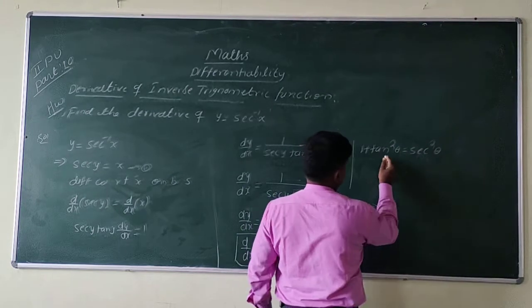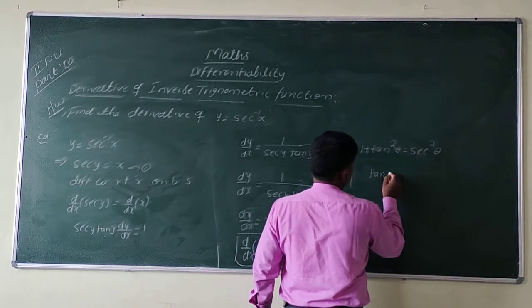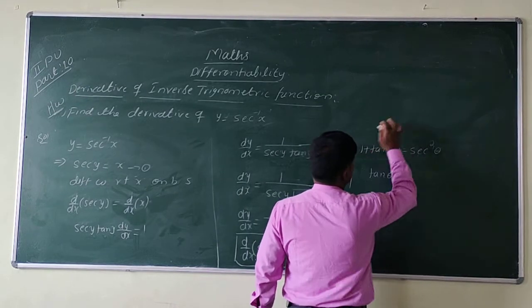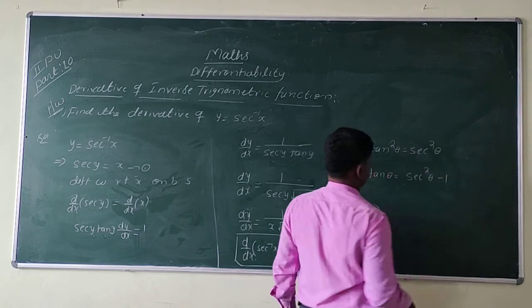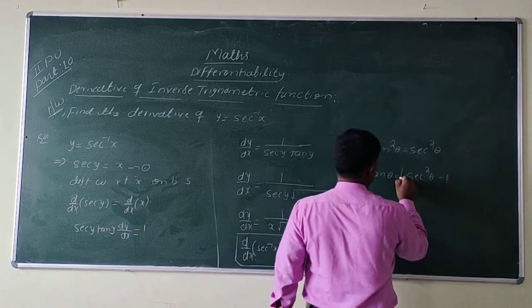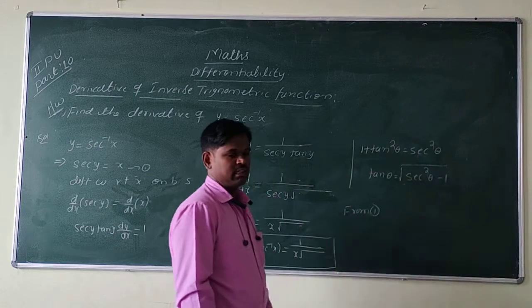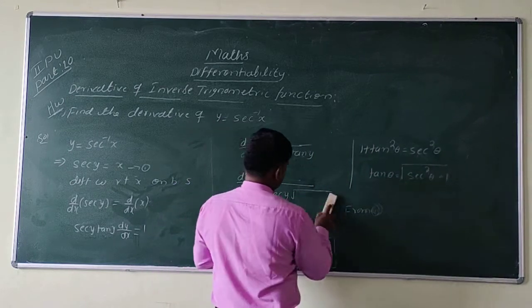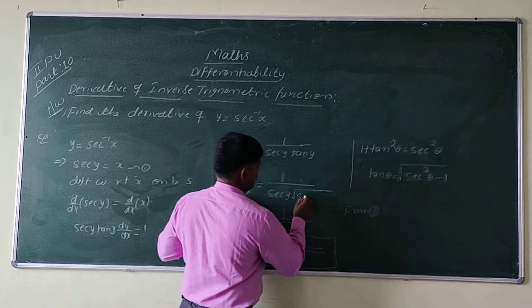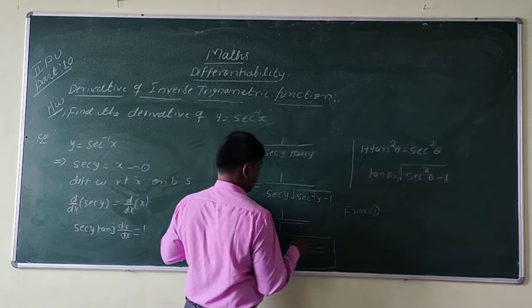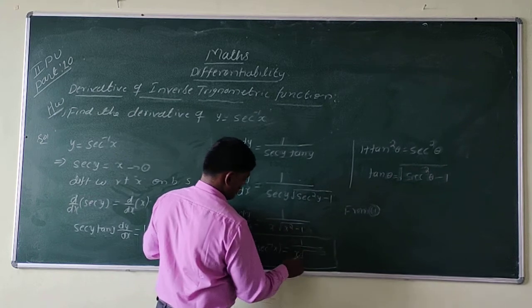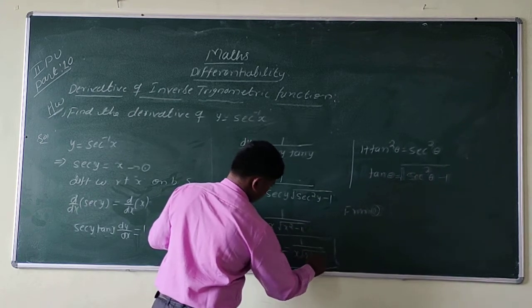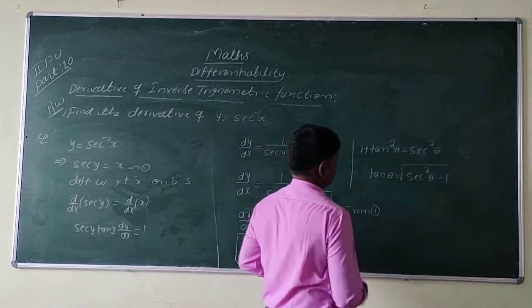Tan theta is equal to root of secant square theta minus 1. Please excuse this. So that is secant square y minus 1, and then it is x square minus 1. So change it.